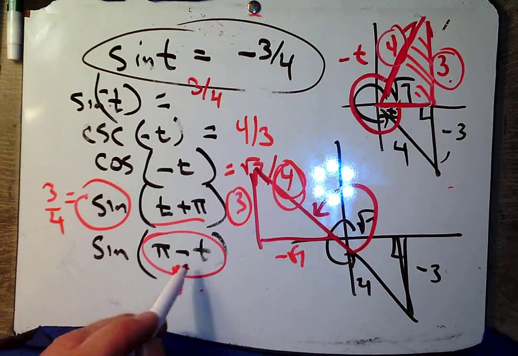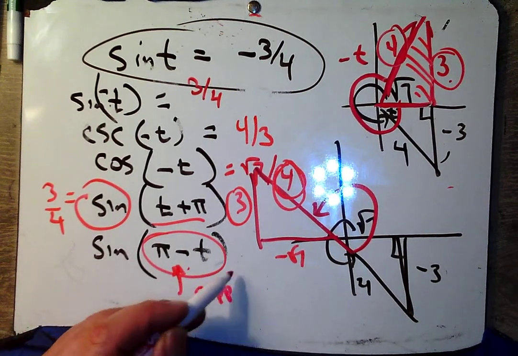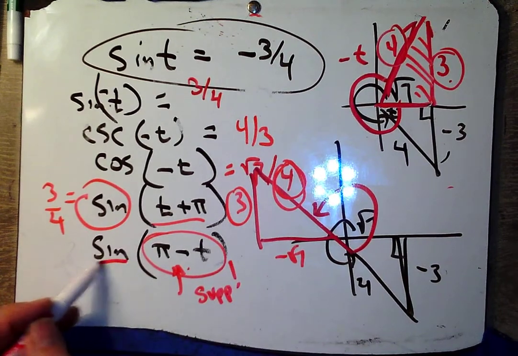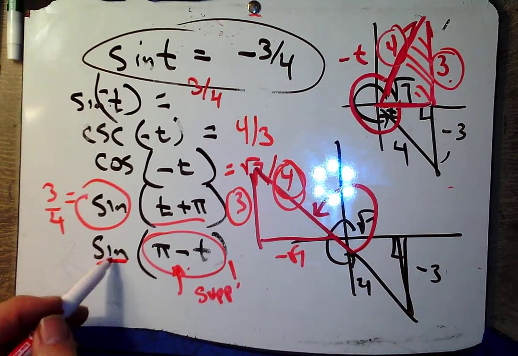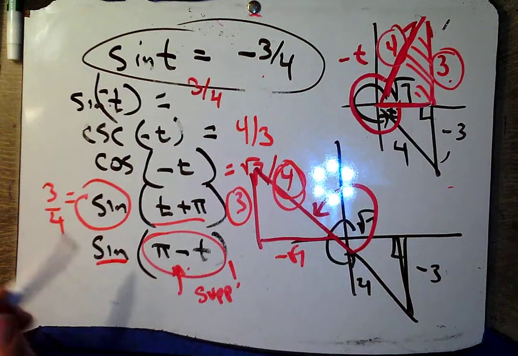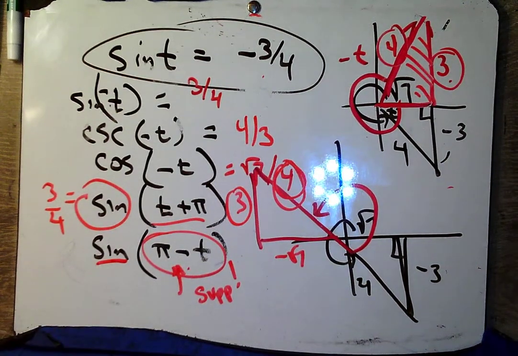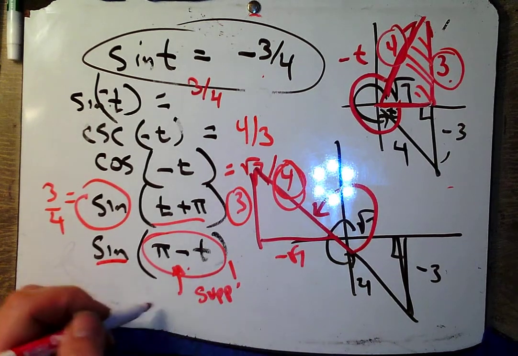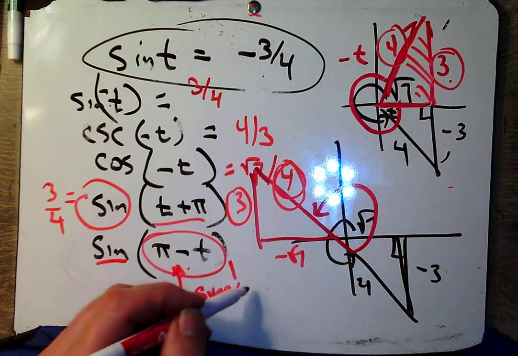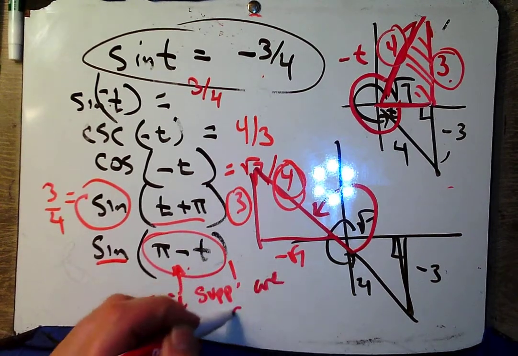Hey, that's asking about the supplement. What's the supplement? I know sine of t is 3/4. What did we discover at the beginning of this video about the sines of supplements? We said the sines of supplements are samesies.